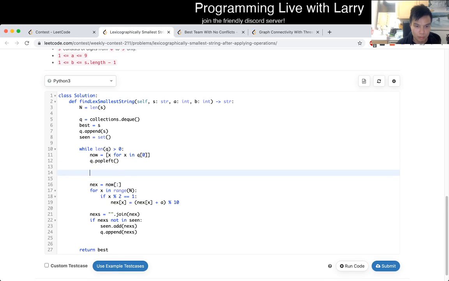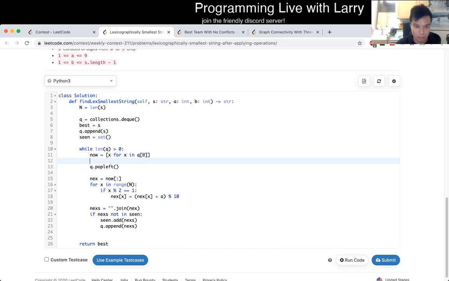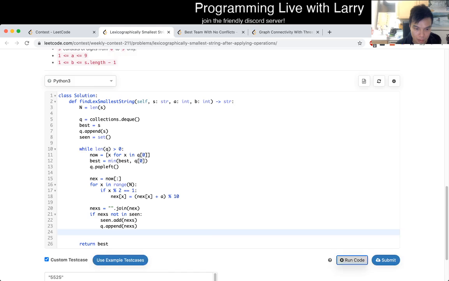Also, this isn't right, but let's see if it works.